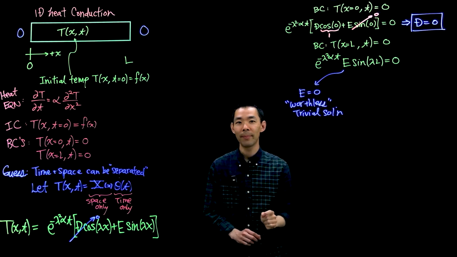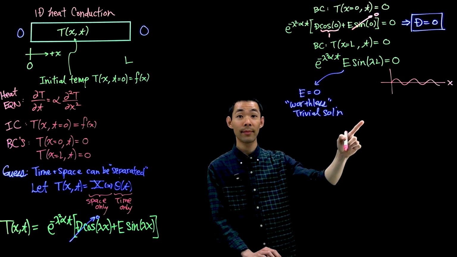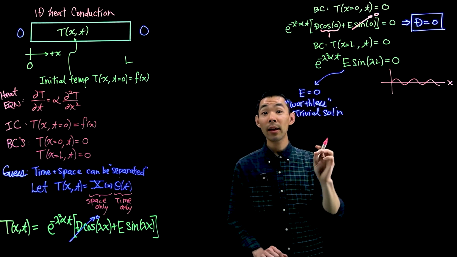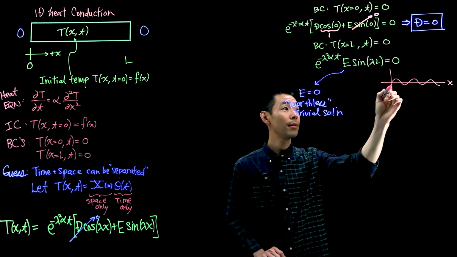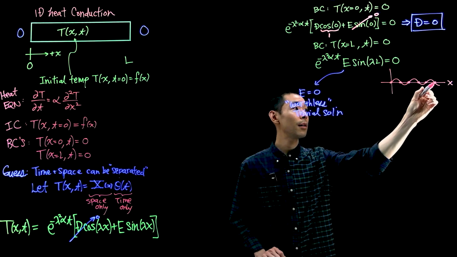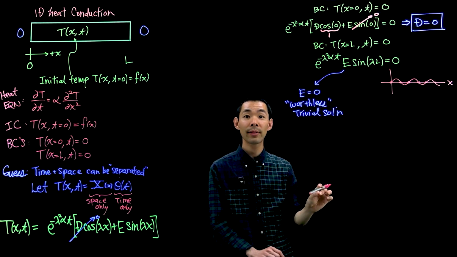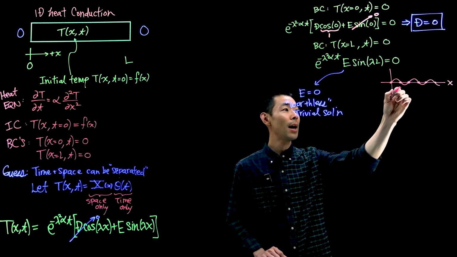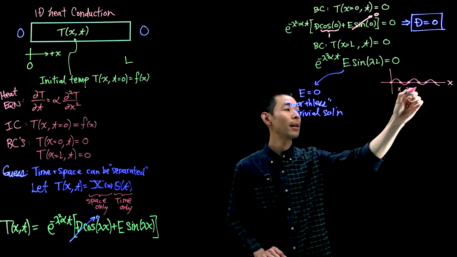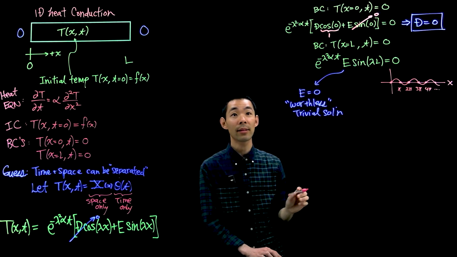Now when you think about it, a sine function looks something like this. And it actually does equal 0 here, here, here, here, here, here. And what values are those? When it's equal to pi, 2 pi, 3 pi, 4 pi, dot, dot, dot, right?